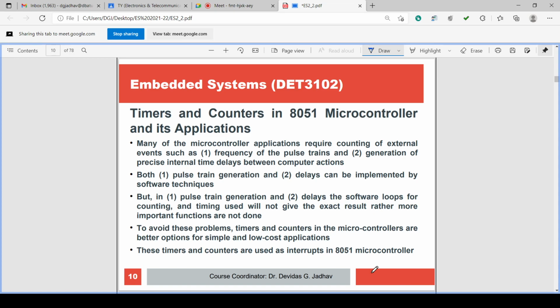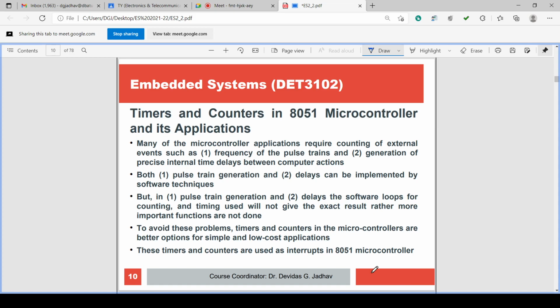Delays in execution can be achieved with software commands, and also with timers. That is why timers are also important.